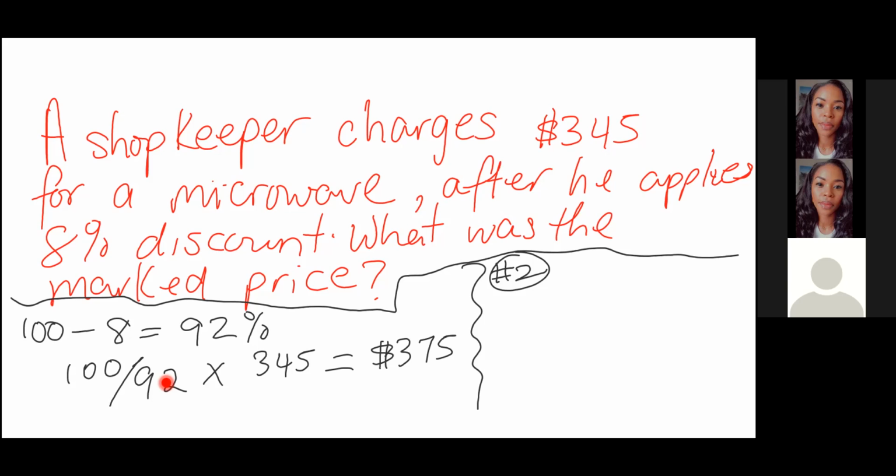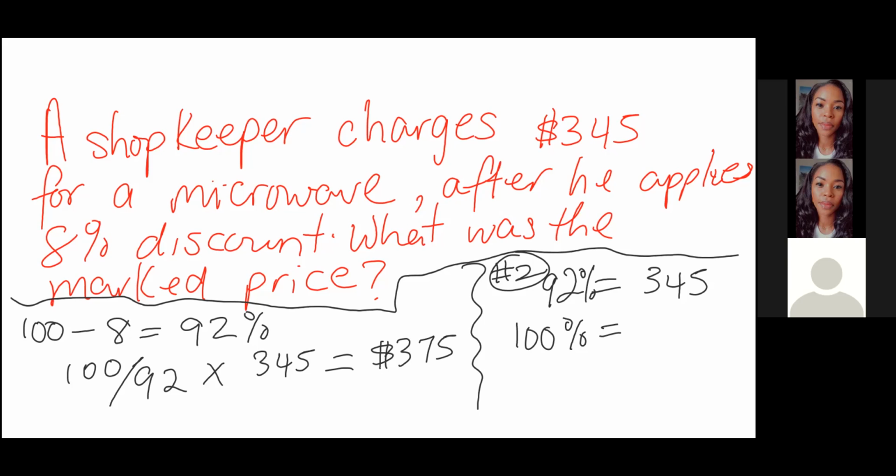So for method 2, we come and we put the right hand, left hand rule. So we know that the percentage equals the amount. So percentage is 92 is equal to 345. That's 92% represents 345 because we want 100%, which is the marked price.